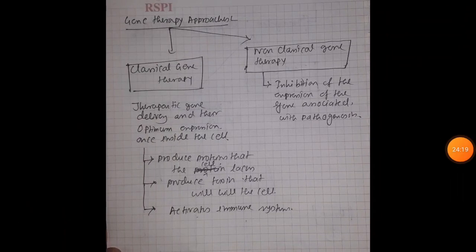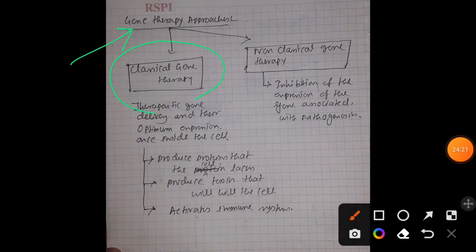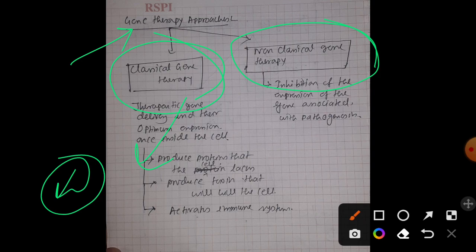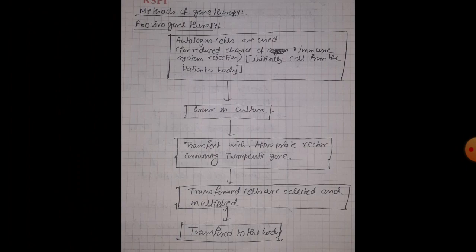Here we have also talked about gene therapy approaches: classical gene therapy and non-classical gene therapy. Classical gene therapy involves protein production, and then the protein helps to cure the disease, while here the main goal is inhibition of the expression of the disease gene. Then ex vivo gene therapy and in vivo gene therapy.